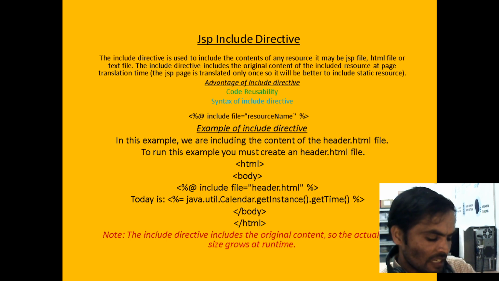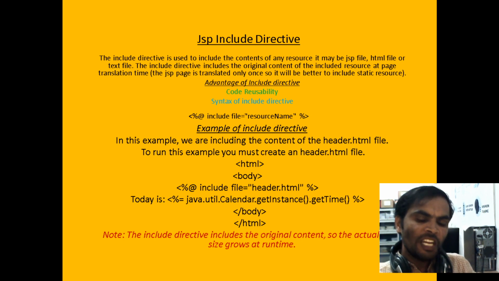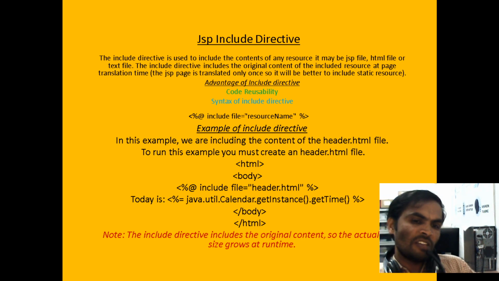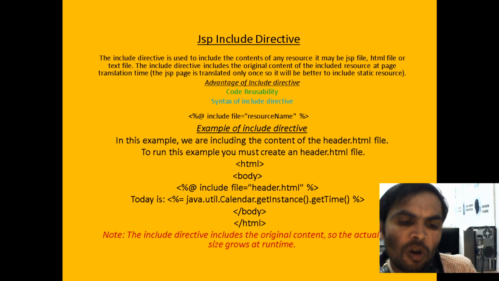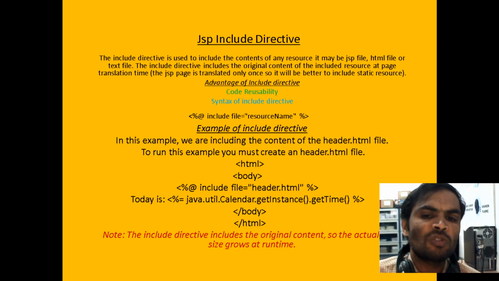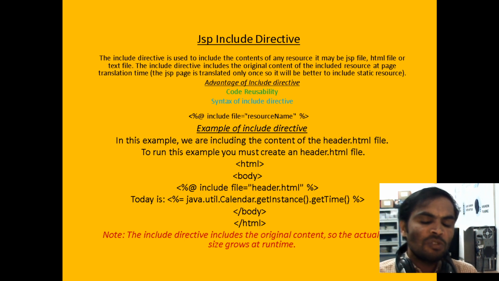Under the page directive, so many attributes will be there. If you want to import your Java source code inside your JSP, at that time we use the page directive. Suppose if you want to include the previous source code or static resource files or any resource files, at that time we can use the include directive. The include directive we use as at the rate include file name, where we give the resource file name.